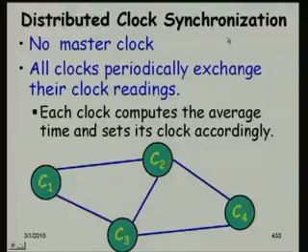This is the simplest scheme that can happen. So, there are many clocks here in the distributed system, they just keep on broadcasting their own time periodically and frequently, and then after a clock receives all the time values, it computes the average of all the clock values that are received.